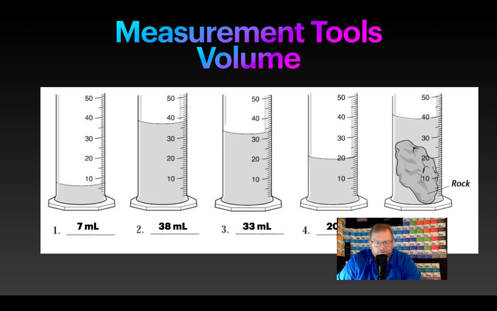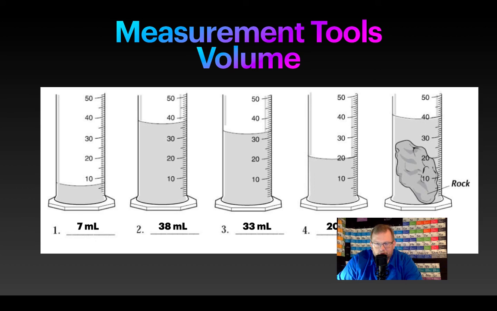Now 5. If we looked at 1 through 4, we're taking the volume of what? We're assuming that's water, right? What is number 5 going to be the volume of? If you said the water and the rock, you would be correct. And we'll go more into this later next week when we start working on mass and volume. But to do this, we're still going to just measure it like we would normally measure it.